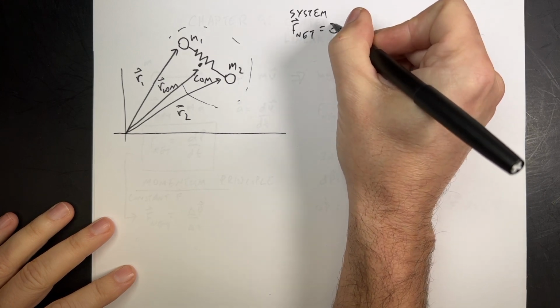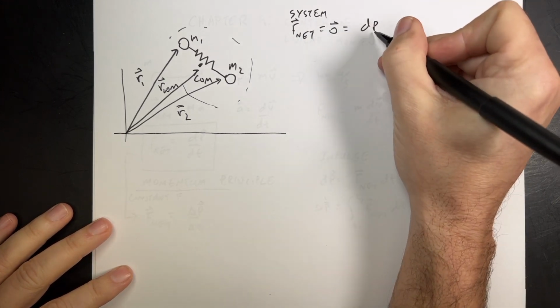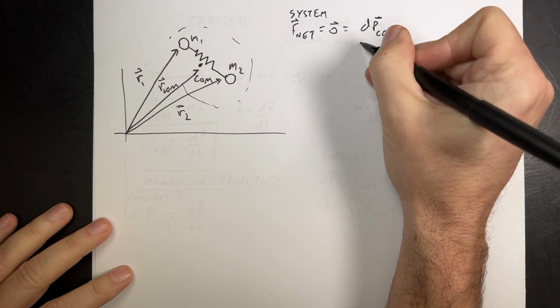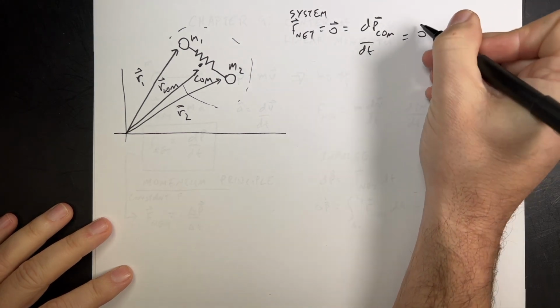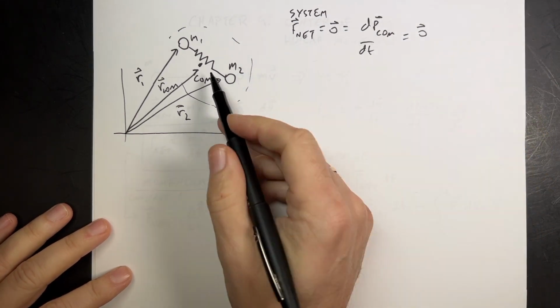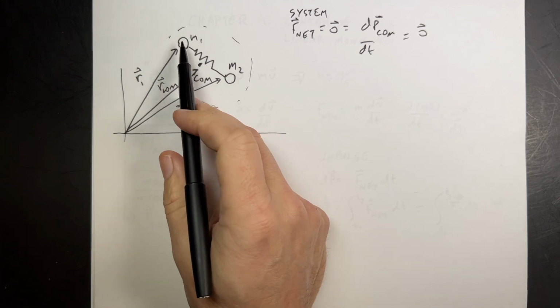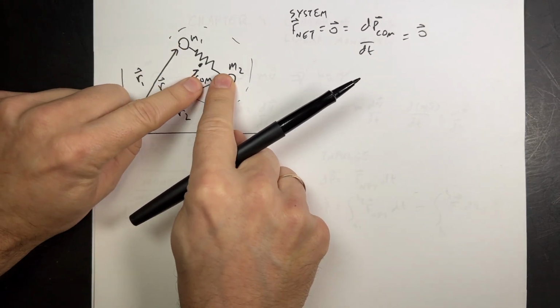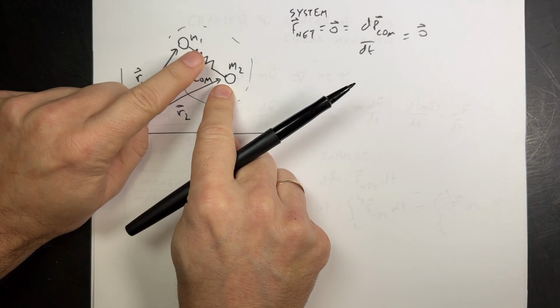F net is a zero vector, then dp center of mass dt equals 0, or the momentum of the center of mass is constant. So these two pieces can move relative to that, but the center of mass will not move.